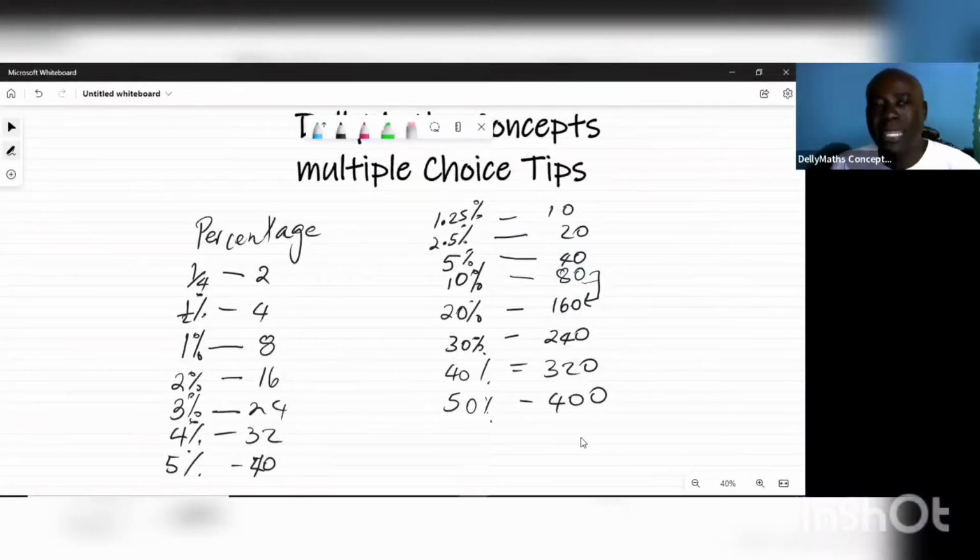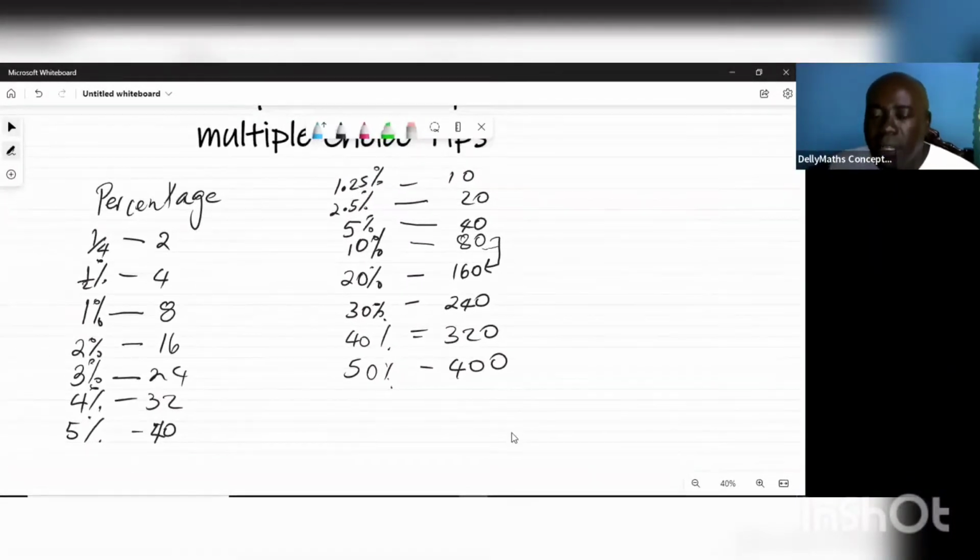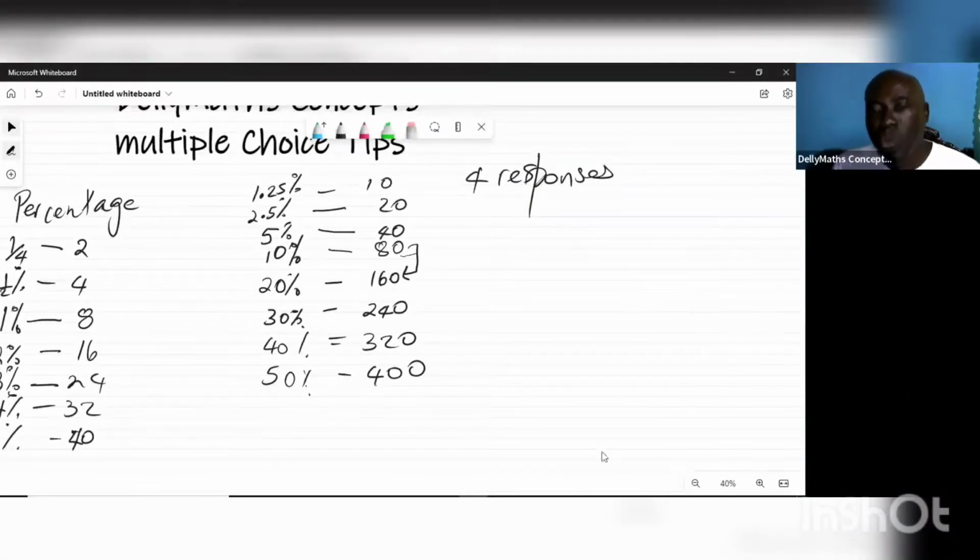So now the percentage is, as I said to you, that nice little thing that you need to have. Outside of that, be advised that there are 4 responses. And out of those 4 responses, all the time, 2 will be way off.